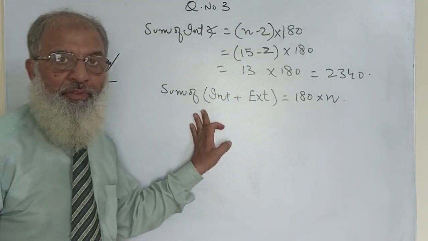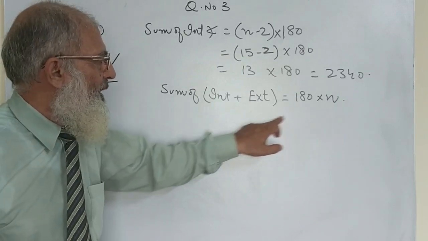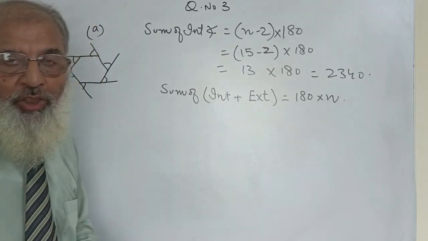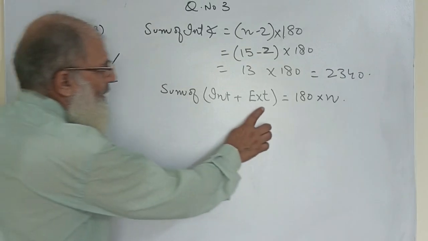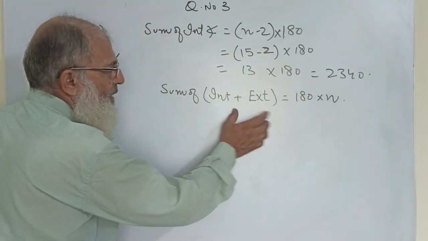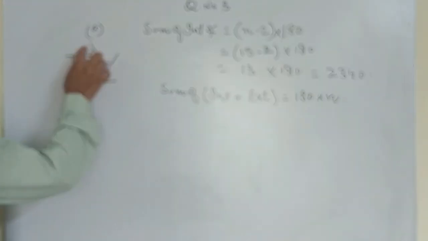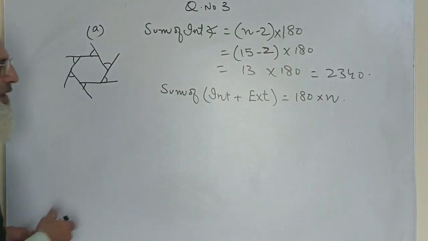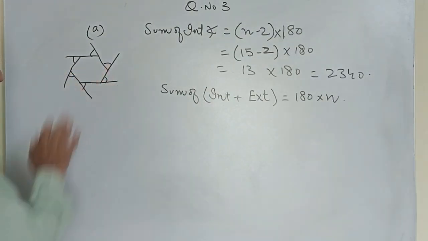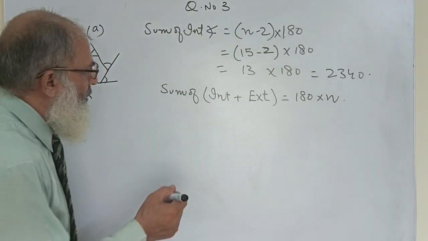So this is the formula to find the exterior angle of any polygon. इससे आप किसी भी एक्सटीरियर एंगल मालूम कर सकते हैं, और एक्सटीरियर एंगल जो होते हैं वो ये होते हैं. These are the exterior angles of any polygon. I have taken the example of hexagon only.